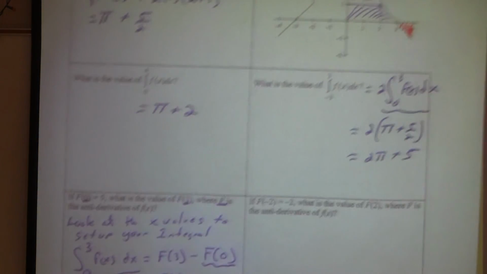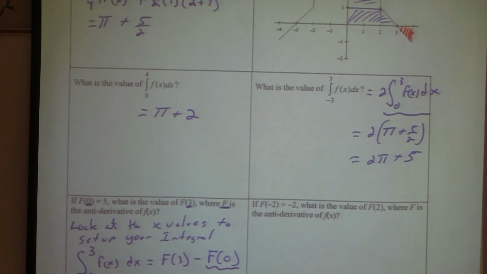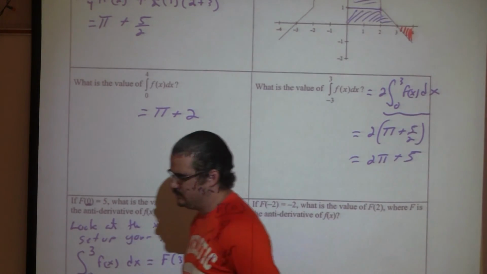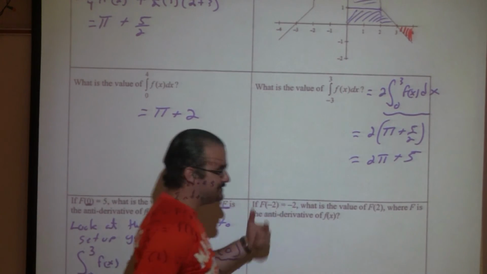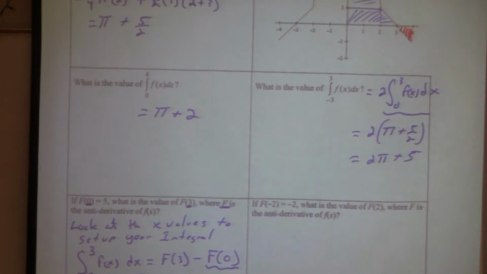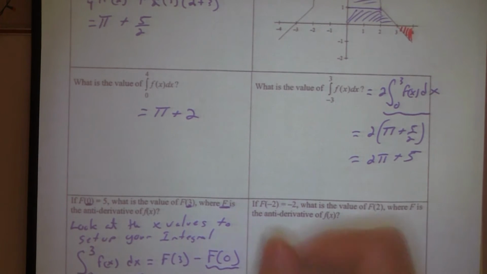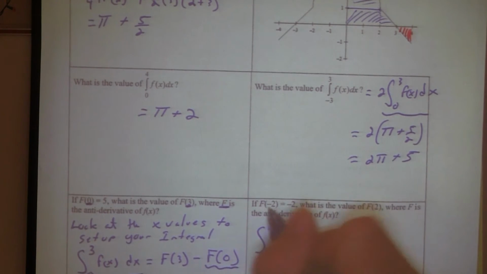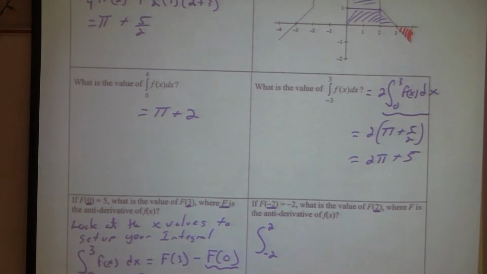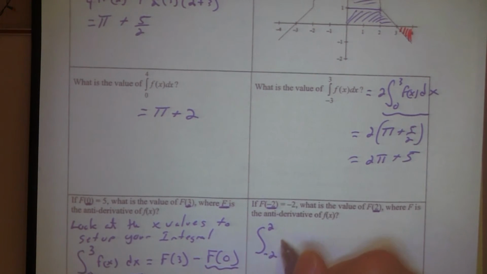What are they talking about there? We have to think of an integral that we could set up that's going to give us the antiderivative, right? So it has to be an integral from where to where? -2 to 2, right? You pay attention to the x's. Small to big. Of what function? The lowercase f of x, right?